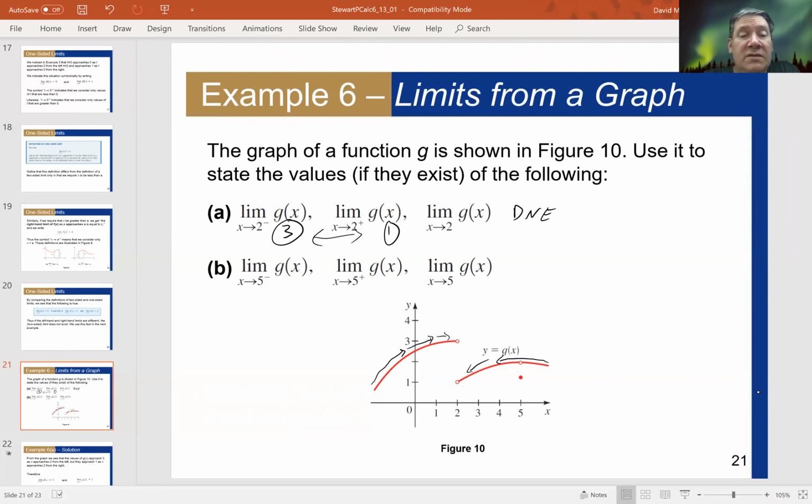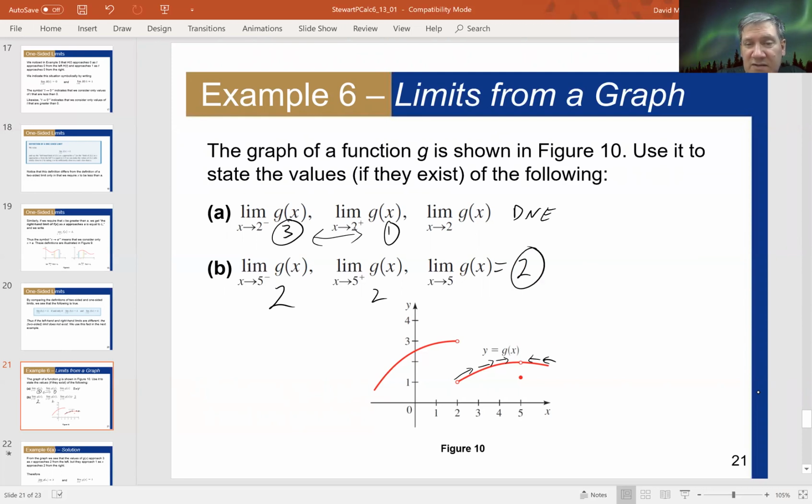So now the limit of g of x as x approaches 5 from the left. All right, so let me get rid of these. So here's our value for 5. And if we're following this from the left, it gets bigger and bigger, and it looks like it's getting closer and closer to the value of positive 2. As we look at this function here, as x approaches 5 from the right, so we're heading in this direction, it's getting a little bit bigger, and it looks like it's also headed to 2. So this limit does exist, and it's 2.